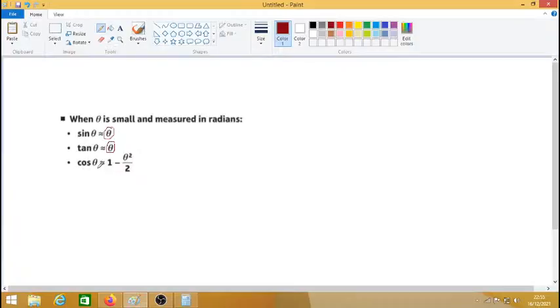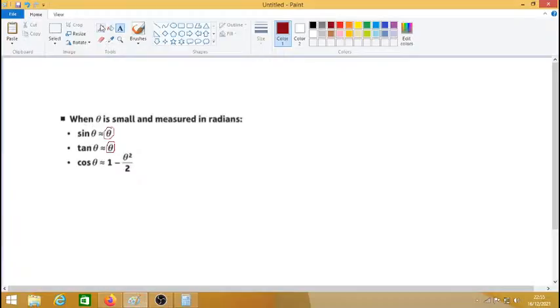For cos theta, it's not so easy, but still not that hard either. The cosine of an angle will be roughly equal to 1 take away the angle squared over 2. With numbers, very, very easy.